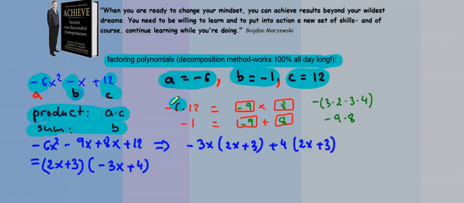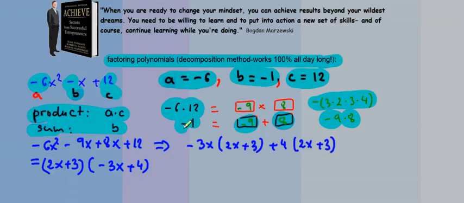So in our case, the product is found between negative 6 and positive 12. So we don't really care how much is the answer to this question. We have to think of how can I break it apart into smaller factors, so when I combine those two factors, they will give me the same product, obviously, but the sum condition also will be fulfilled.